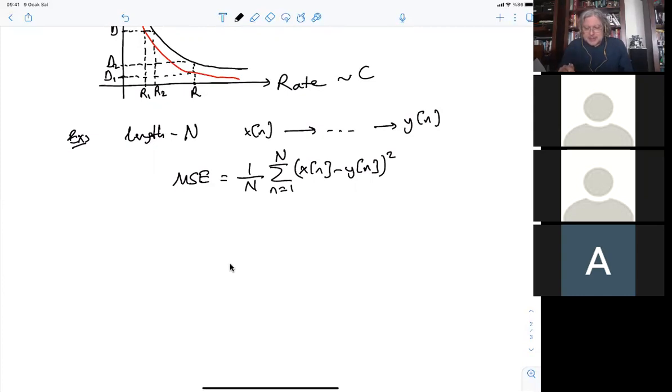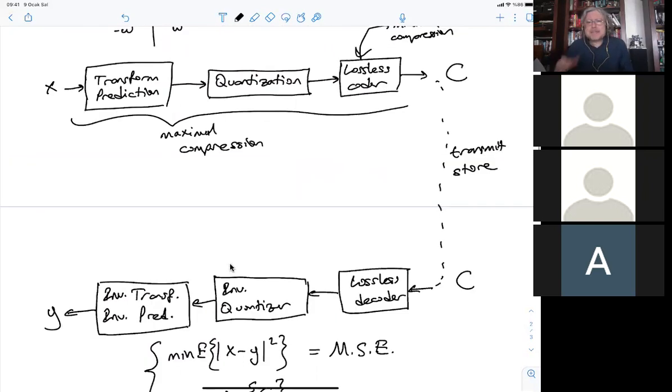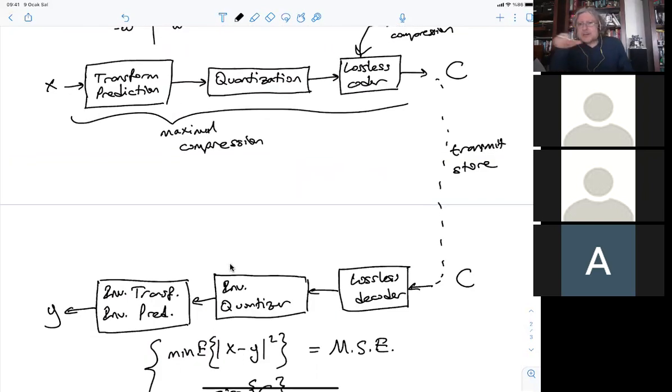So this is another fundamental issue that I want to mention before diving into the compartments that I was talking about. What are the compartments? They are here. These boxes. We will be seeing a lot of methods, for instance, for this lossless coder. We will start with lossless coding, and we will see some methods for this. And then we will continue with a part of prediction, I guess.